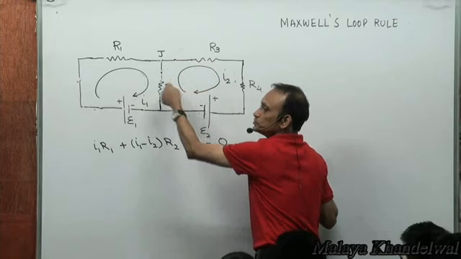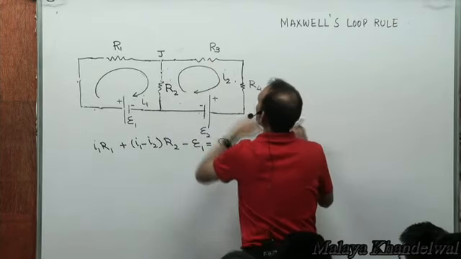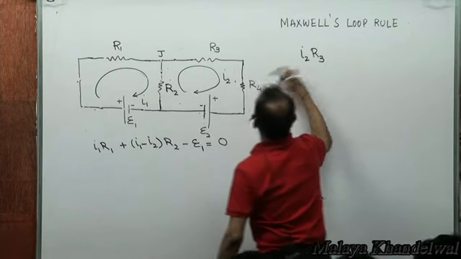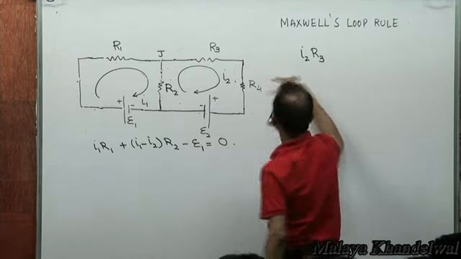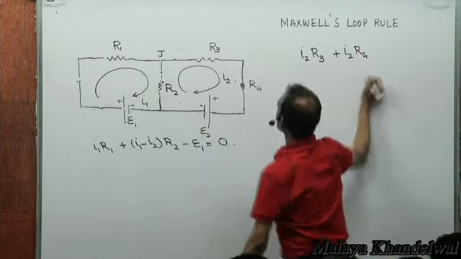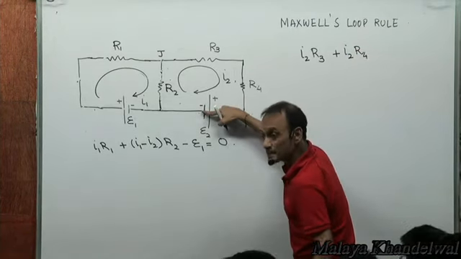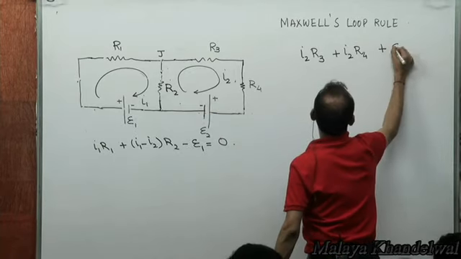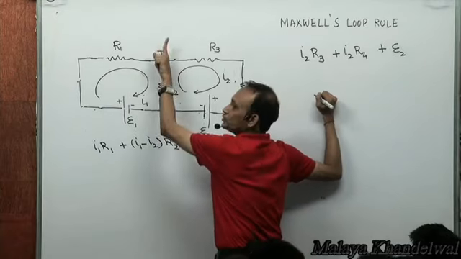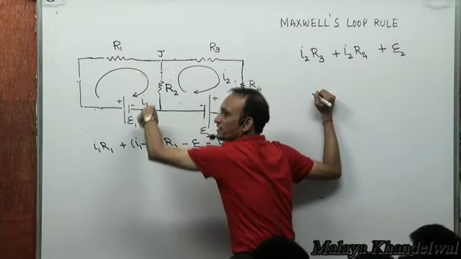Now I take this loop. So there is I2 R3 plus I2 R4 and plus epsilon 2. Now this loop is driving I2 upwards and this loop is driving I1 downwards.